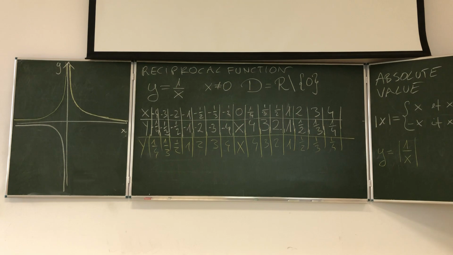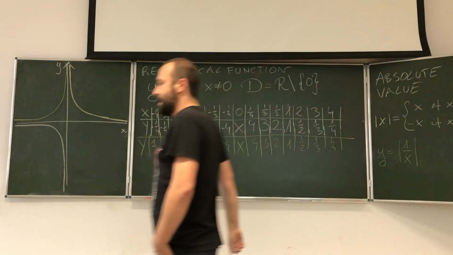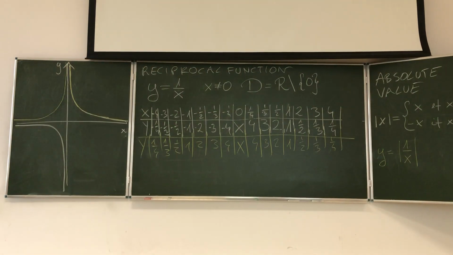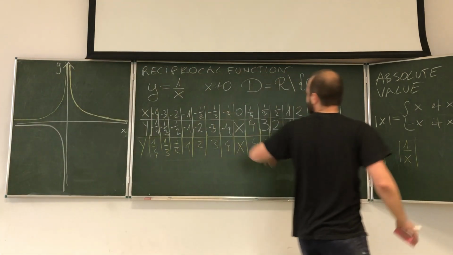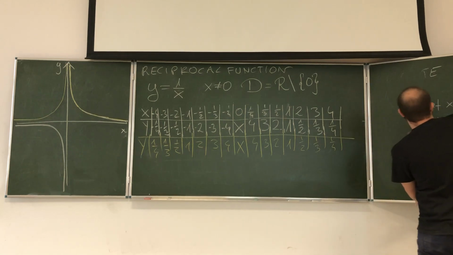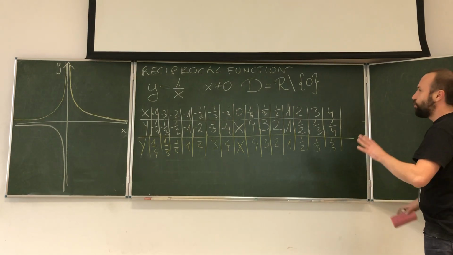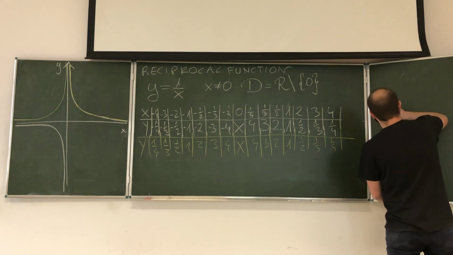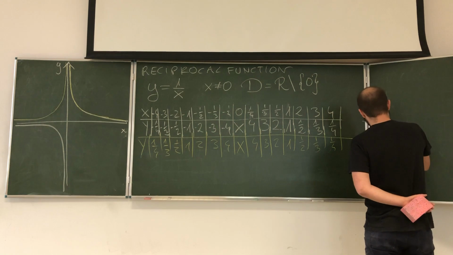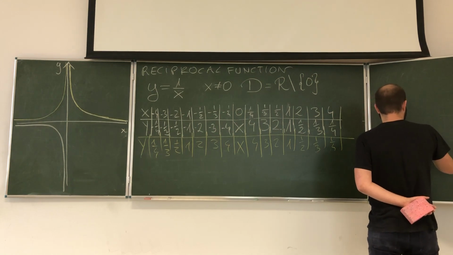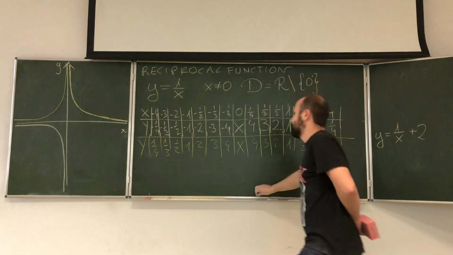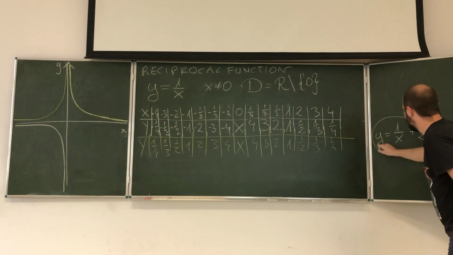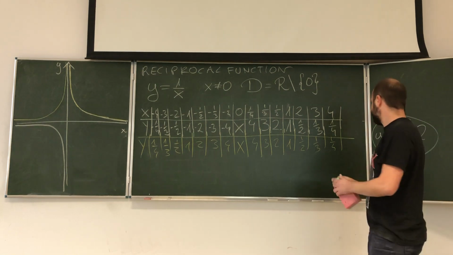Let's try something different. Okay, now let's see what is going to happen if I'm going to take the same reciprocal function, and I'm going to make just one tiny adjustment. What is this tiny adjustment? Well, now I will have a function y equals 1 over x plus 2. Let's just say we're going to do this one in green.